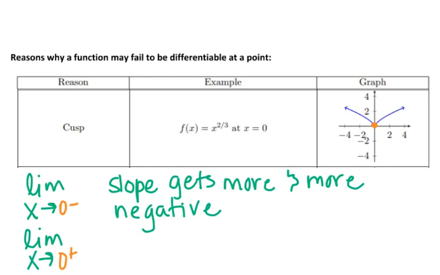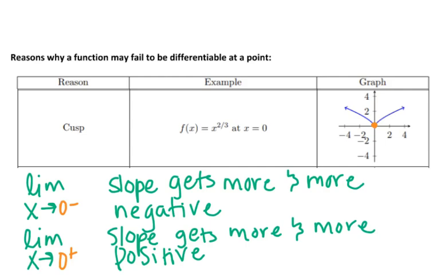So again, even though from the right I'm going in a downward motion, that's an up to the right type of graphical motion, which means it's getting more and more positive as I come from the right. So again, we would not be getting any sort of matching slope coming from the left and right directions.